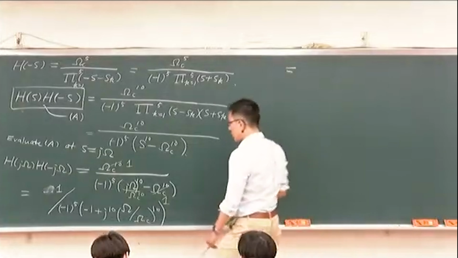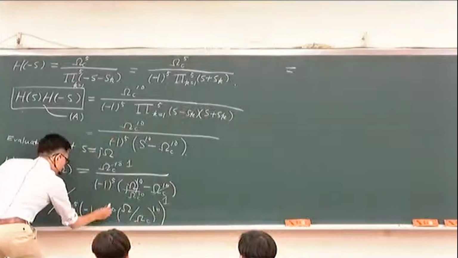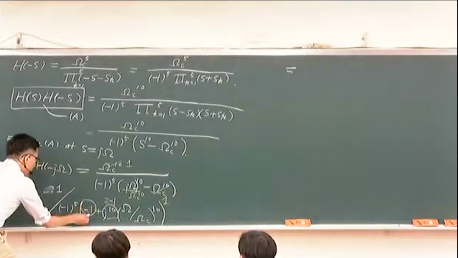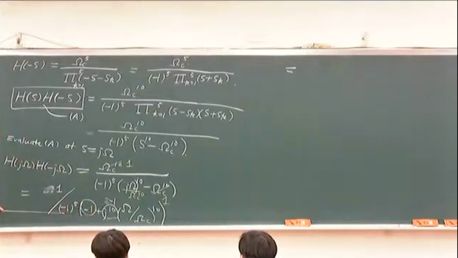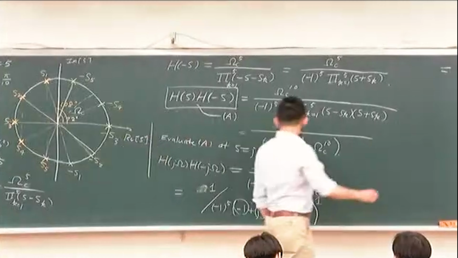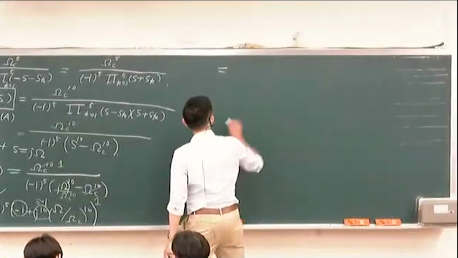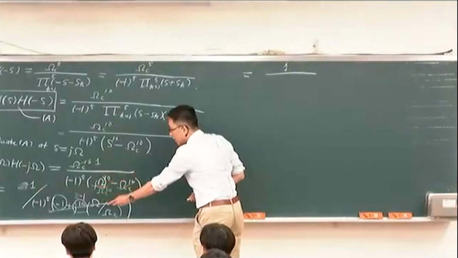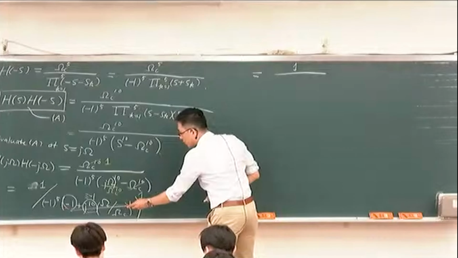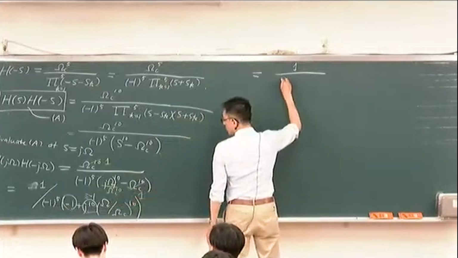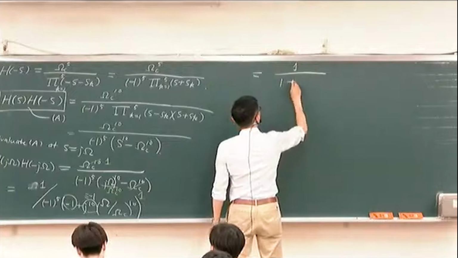So j squared, this is minus 1. This is minus 1. And outside we have minus 1. So minus 1 times minus 1. Then we end up with a very nice expression with 1 on top, right here. That's 1. At the bottom, we have minus 1, so it becomes positive. We have now 1 plus.